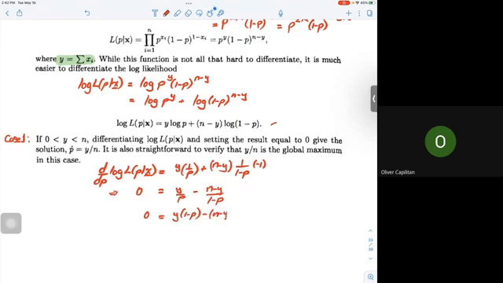We have y times 1 minus p minus n minus y times p, which gives y minus yp minus np plus yp, and the sum of these terms is equal to 0. Implying that y is equal to np, so p is equal to y over n. So this is just a candidate, no? A candidate.